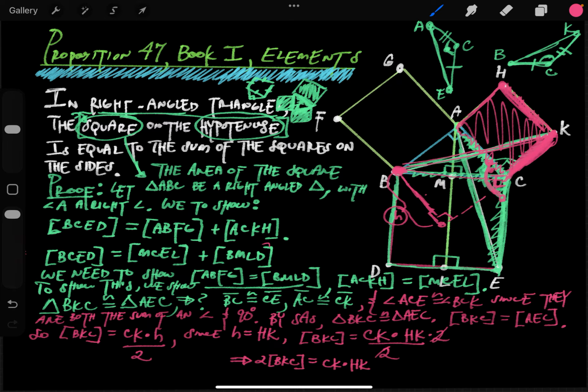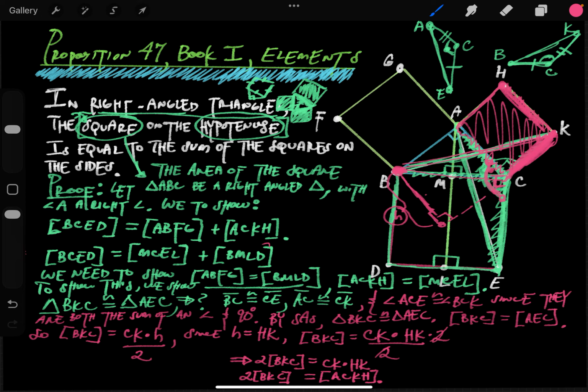But we can clearly see that CK times HK is the area of that square, so I have ACKH, the way I typically write it. 2 times the area of BKC is equal to the area of ACKH.